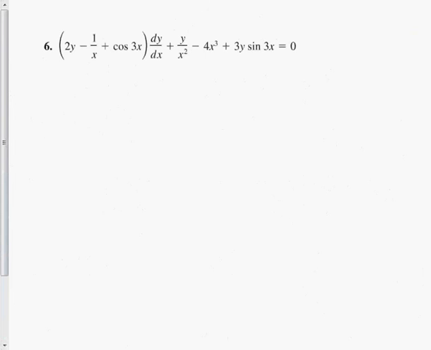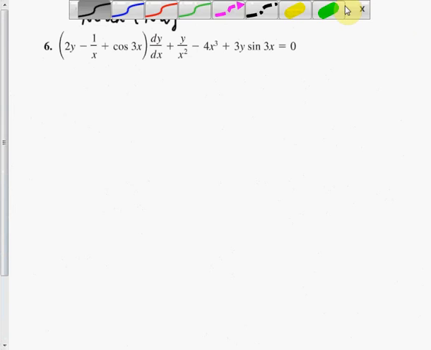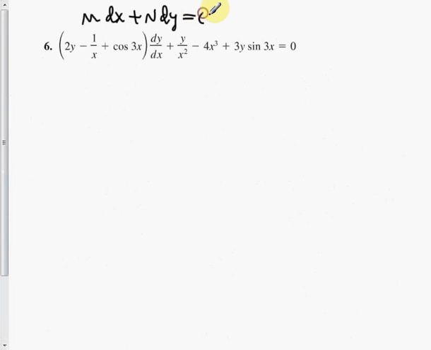So now watch this guy. This is not written in the form m dx plus n dy equal to 0. So we have to write it in that form. That means I have to multiply through by the dx.